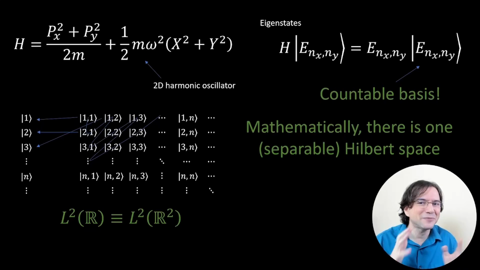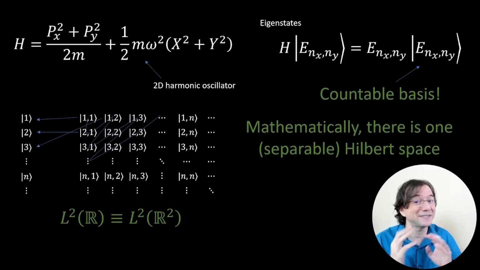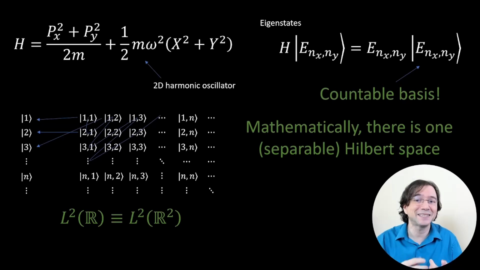So this part I don't quite know whether it's a physical insight or again a byproduct of the fact that the math is using some space that has some slightly unphysical things. But again, mathematically, this is what the math says, and you should at least be aware of that.